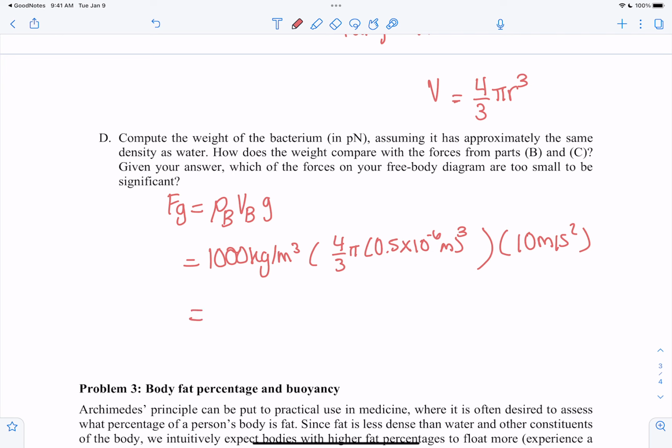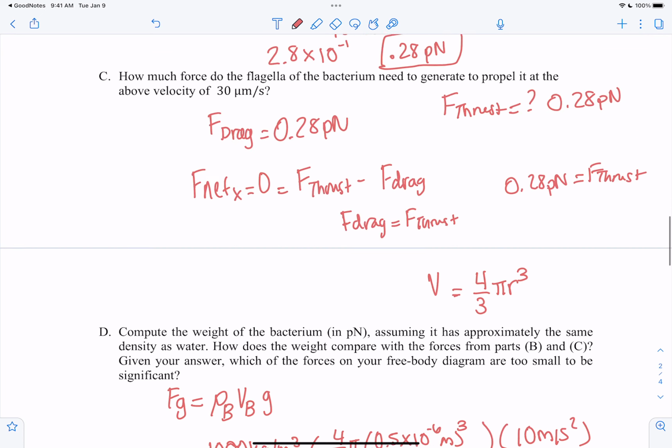That should give us our weight there. Let me know what you guys get for your weight. Based on that value, we have to determine how that weight compares with the other forces from parts B and C.